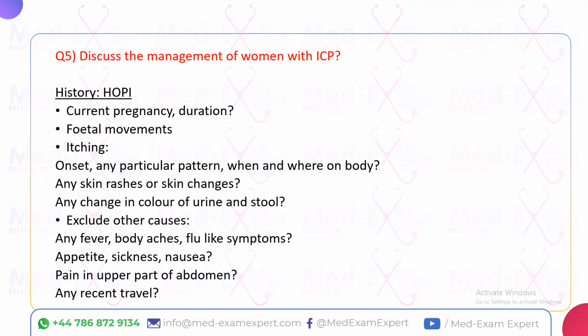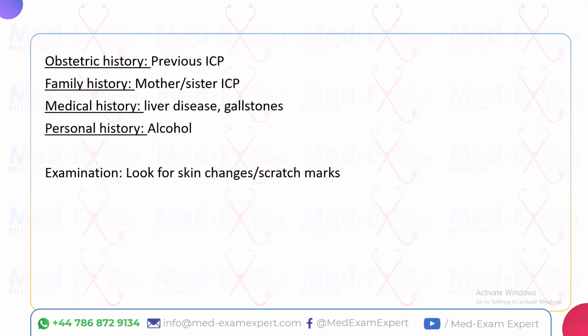And in order to exclude the other causes, you can also ask if there is any fever, body aches, flu-like symptoms, to exclude any viral illness. How is the appetite? Is there any sickness, nausea? Is the patient having any pain in the upper part of the abdomen, to rule out gallstones, and any recent history of traveling? Okay, and then of course it has to be a structured and focused history.